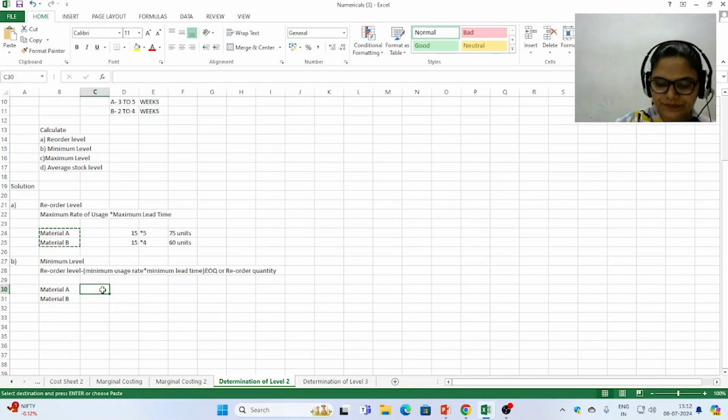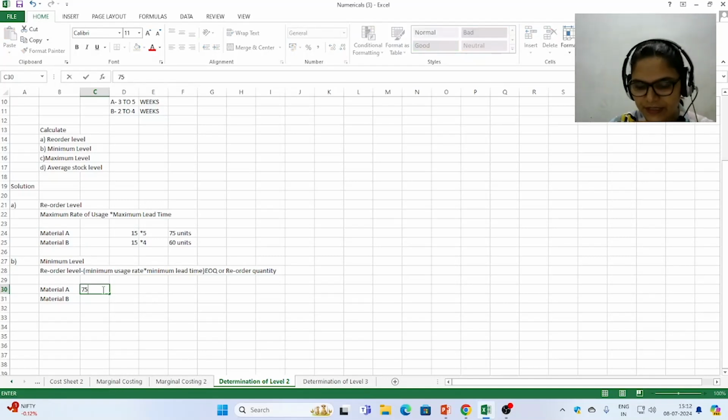Material A: 75, we know it's the reorder level, minus 10 into 4. It is 35 units.